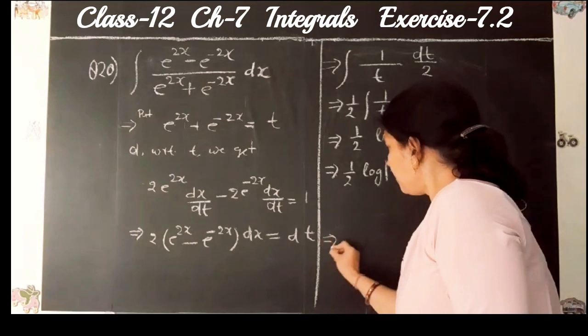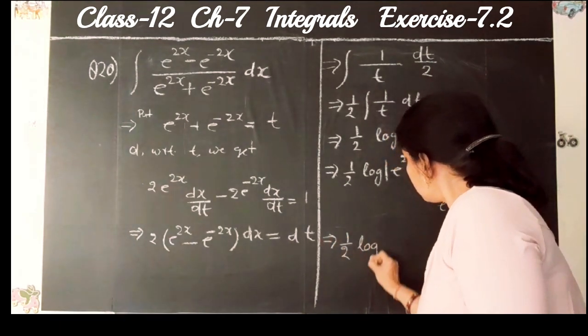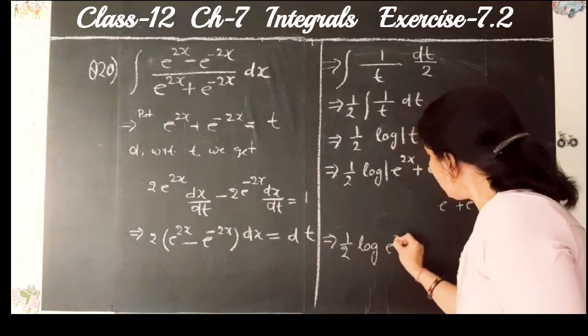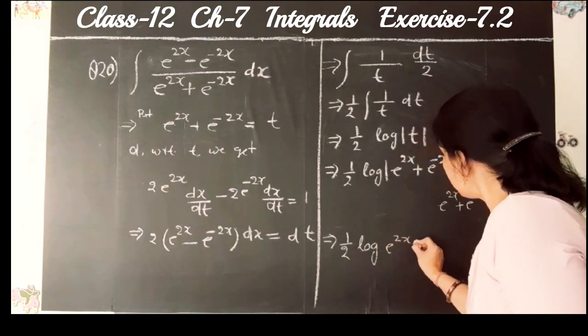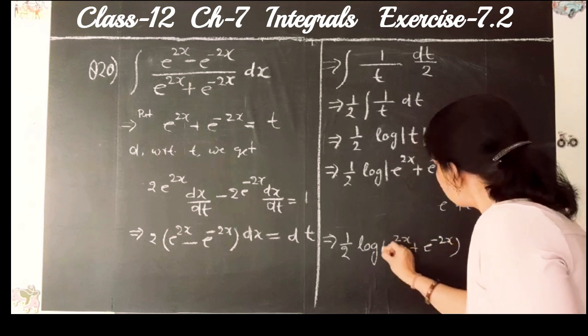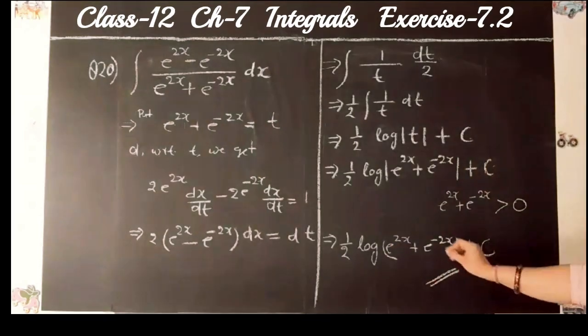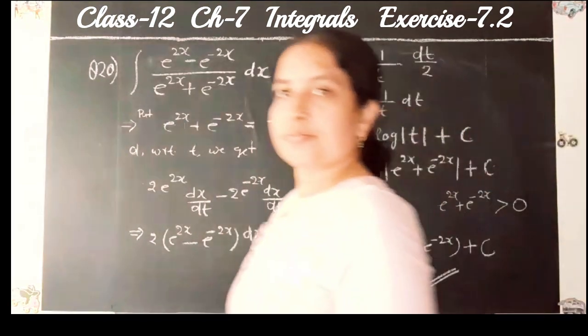So we can write finally 1 by 2 log e to the power 2x plus e to the power minus 2x plus write a constant c. So this will be your answer.